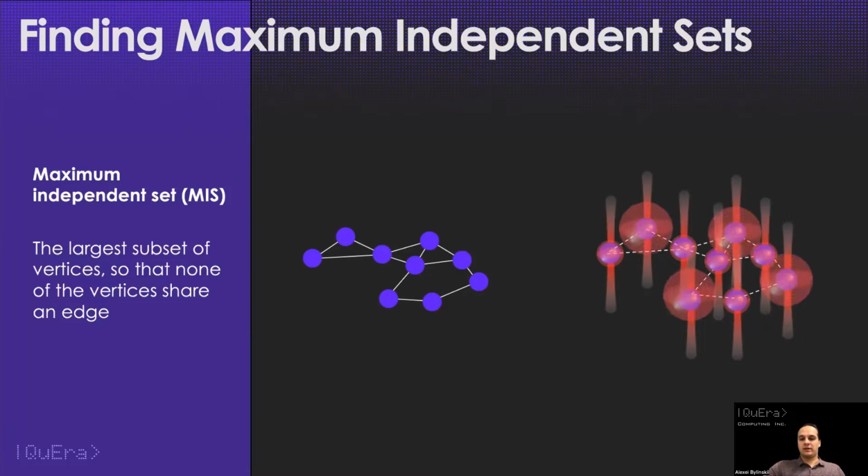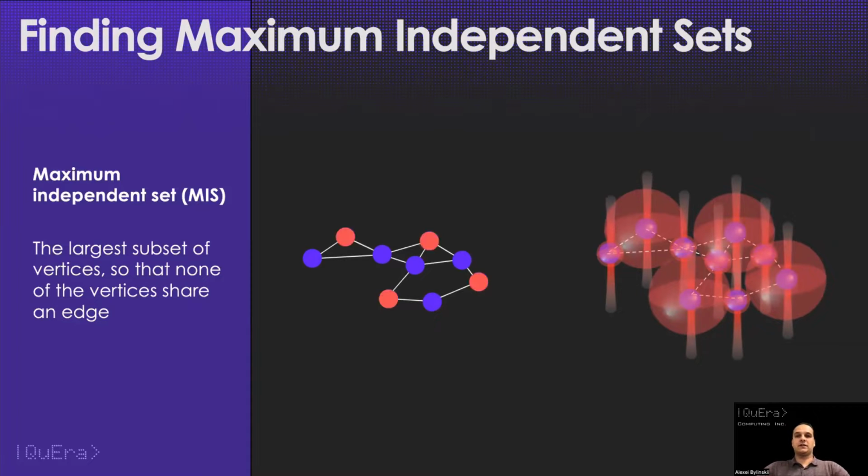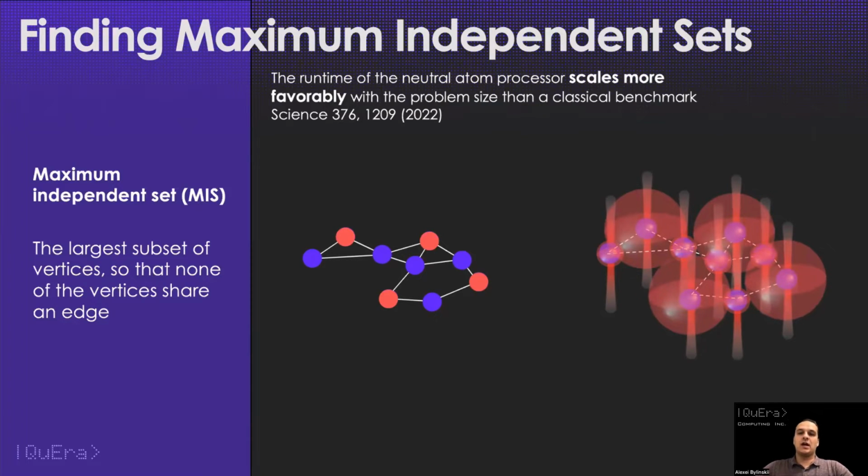In addition, there's recent work from QuEra and our collaborators at Harvard that showed that there is a scaling advantage in the performance of the neutral atom processor relative to a standard classical benchmark. For us, this means that this is a promising area to look for quantum advantage for real problems over classical processors.